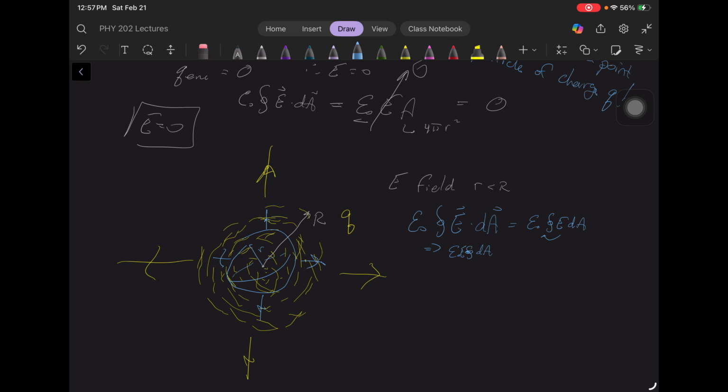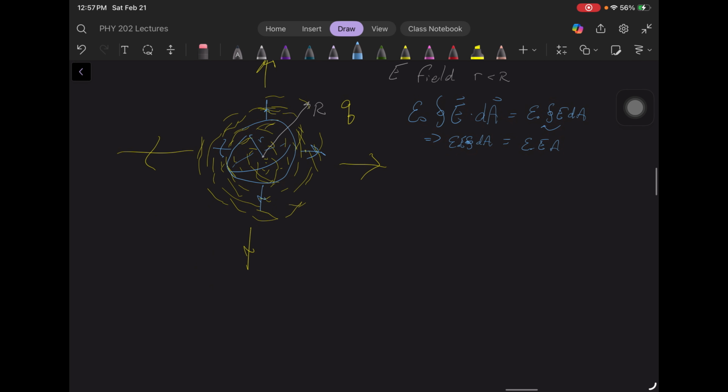The integral of dA is just A. We get epsilon naught EA. Wow, anyone noticing a pattern starting to form? Hopefully. And so we'll call this star. Area, 4 pi r squared. So the entire left-hand side goes to E times 4 pi epsilon naught r squared.